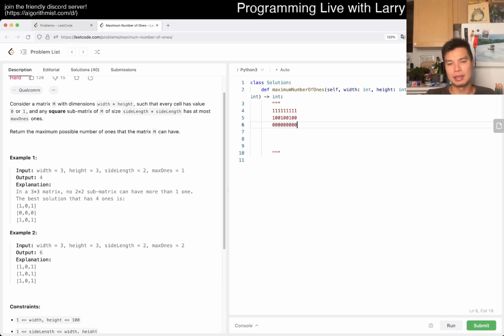But where we might get in trouble is something like this, because this is 4, this is 4, this is 4. Maybe that's still fine. We know that these have to be zeros just from here, so I guess maybe the greedy is fine.